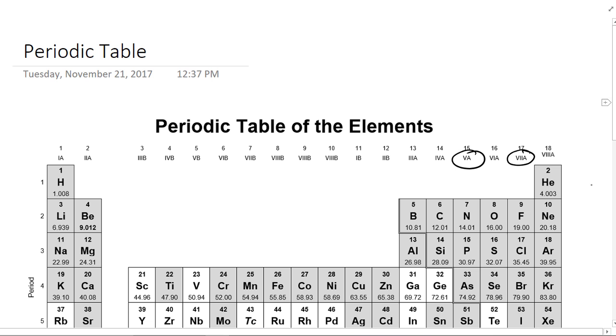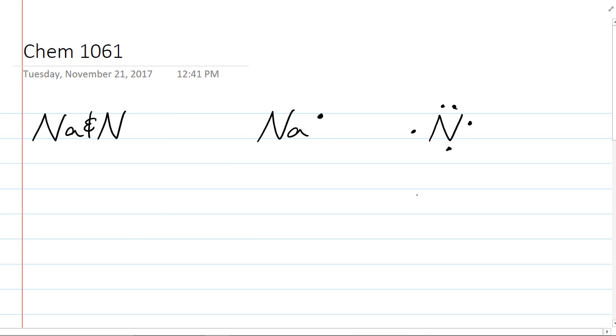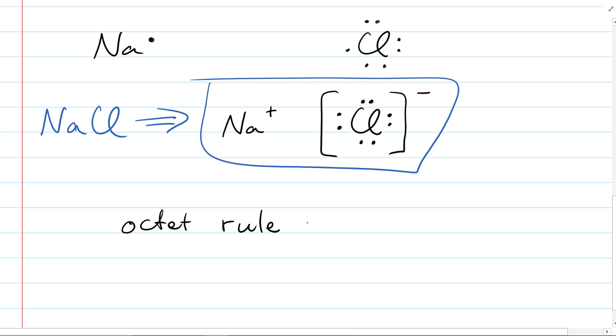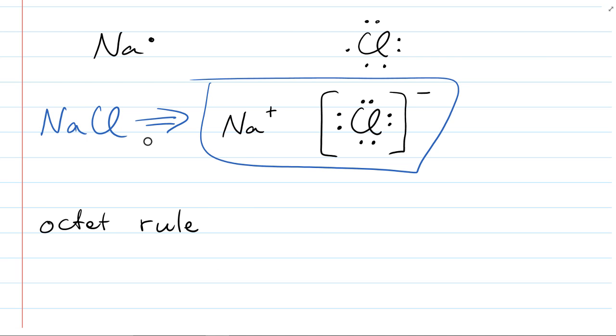Because it happens to be something stable about that arrangement, because of course we find out that the noble gases have the 8 valence electrons, and they tend to be stable as well. Sometimes we refer to the octet rule as the noble gas configuration. So again, sometimes we refer to it as noble gas configuration.